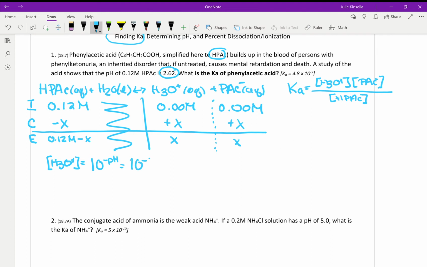So it's going to be 10 raised to negative 2.62. And remember from last week, hopefully you caught that this has just two significant figures. So when I record my x here, I'm going to have 2.4 times 10 to the negative 3. That gives us the value of the hydronium.